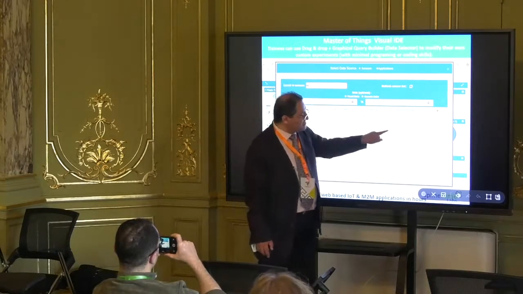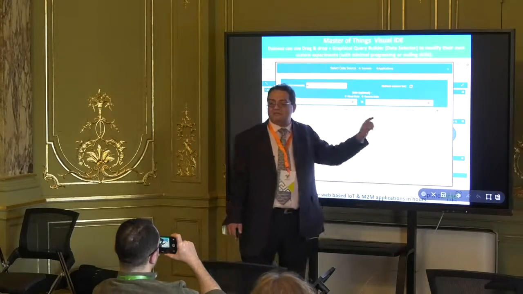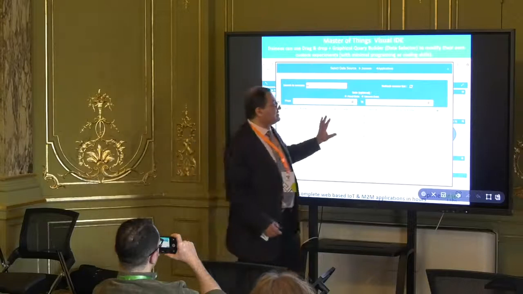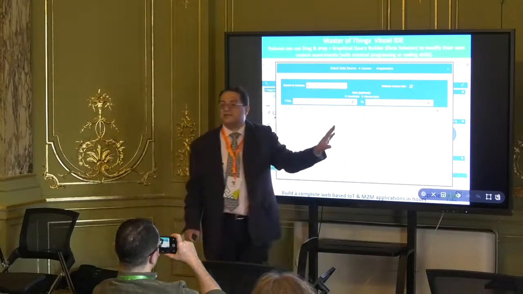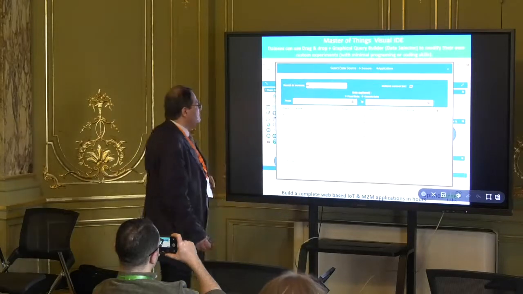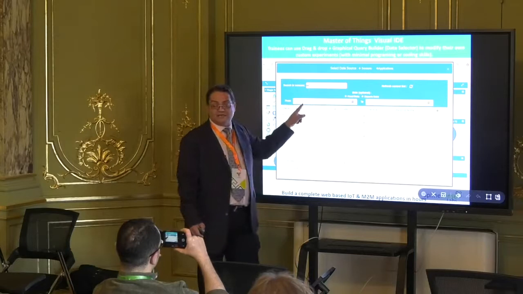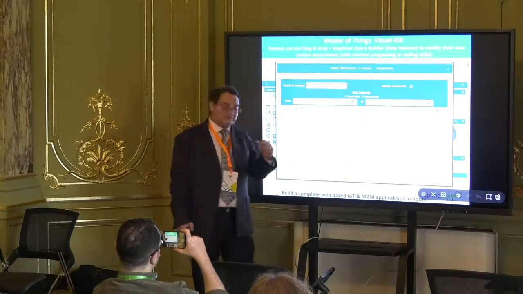If you right-click on this, you can also get some of the aggregate functions, so you can have minimum, maximum, sum, and so on. Until now, you have not written any line of code. It's totally drag and drop, with some selections. And how many readings you would like to display out of this sensor over time.